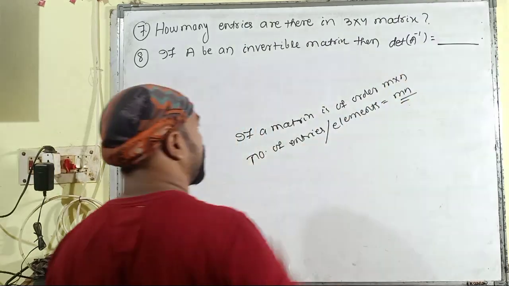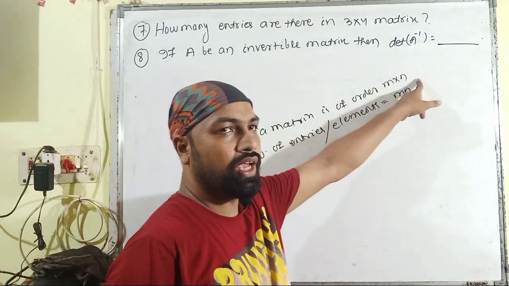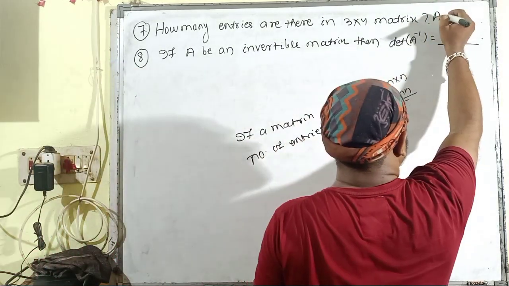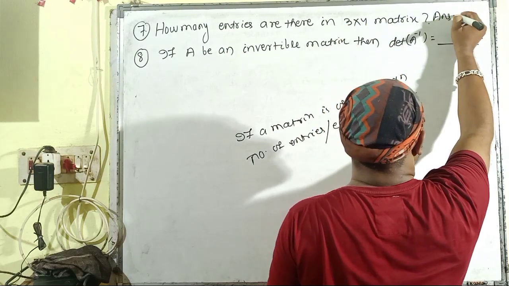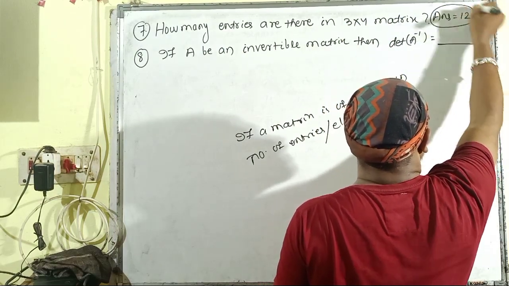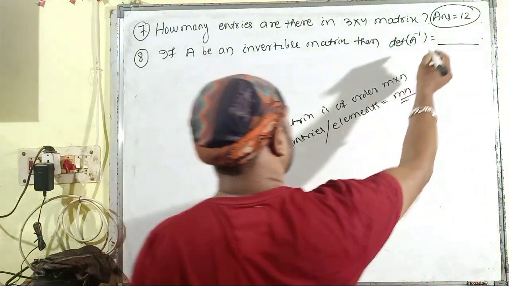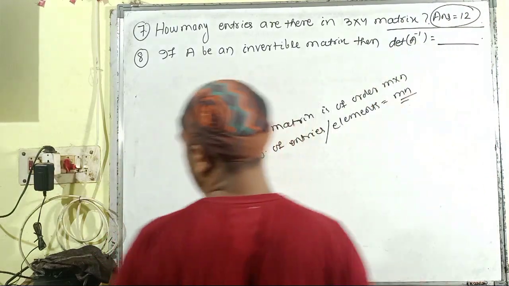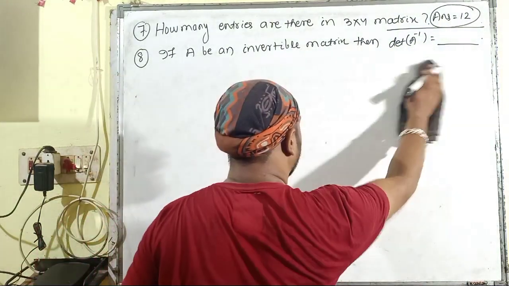We just have to multiply m with n. So here the answer will be 3 into 4, that is equal to 12. Then we have to go through the problem number 8.